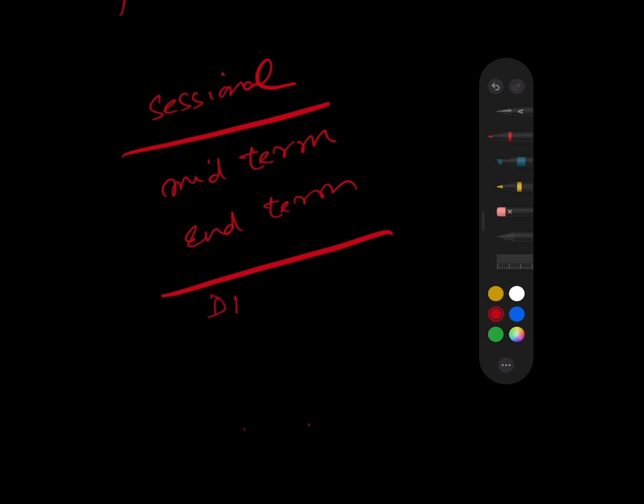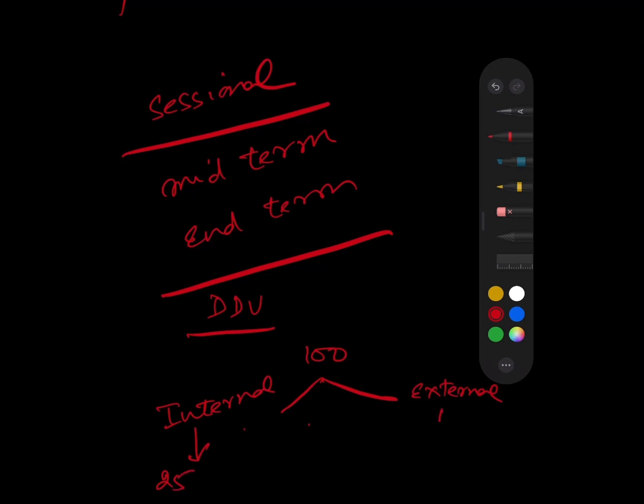If you talk about our system of DDU Gorakhpur University, say in a course of 100 marks, it is divided into internal and external. Internal is 25, external is 75.